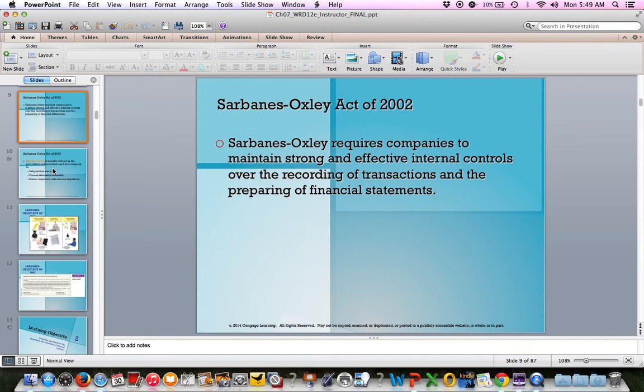And one of the biggest issues with Enron was just the fact that, basically what happened was, think of it this way: the public auditor in the auditor firm was Arthur Andersen, and Arthur Andersen failed in their job.